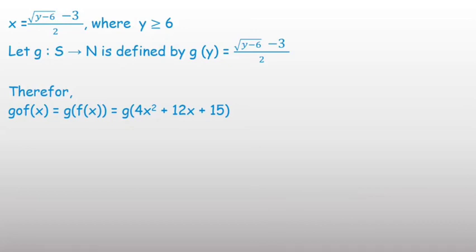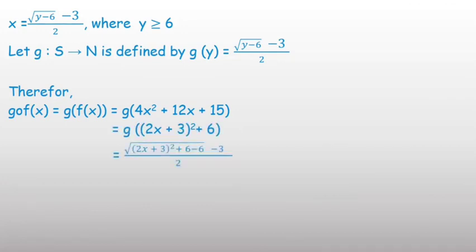Now same steps as the previous question. Use the concept of composition of functions. Find g of f(x). Put the value of f(x). Solve, and after solving you will get g of f(x) equal to x, meaning the identity function.